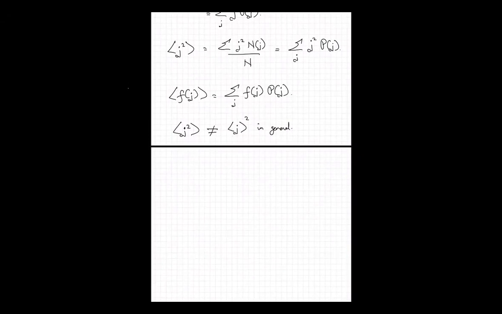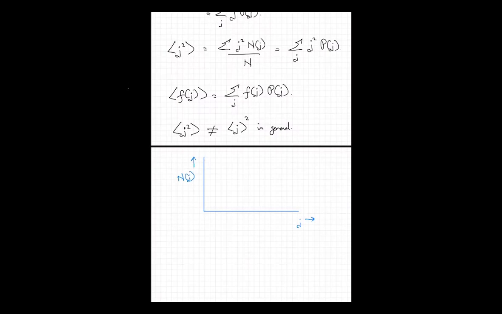let us say I plot the number of people with some age j. So I'm plotting n of j against j. This is what is called a histogram of the population.